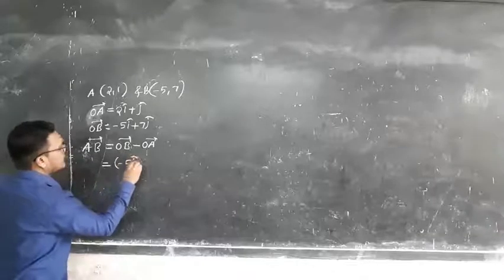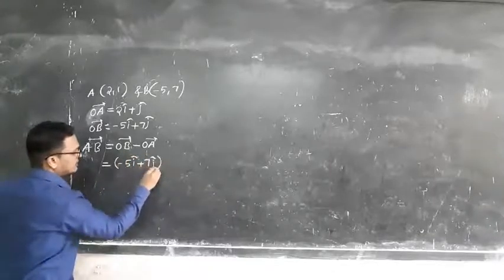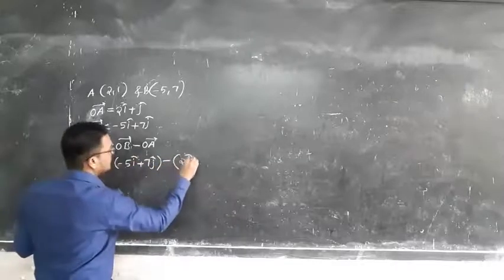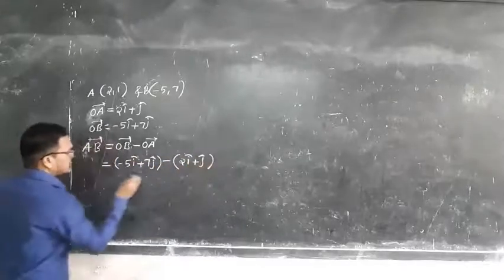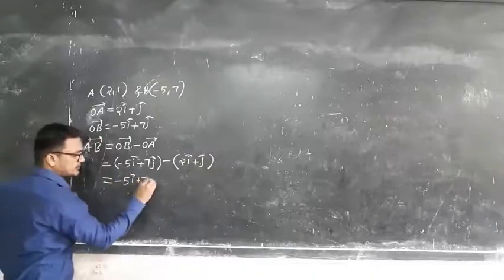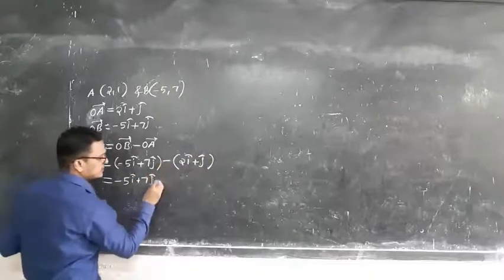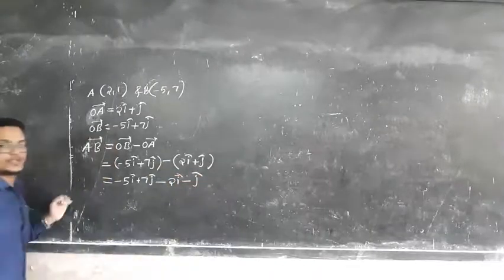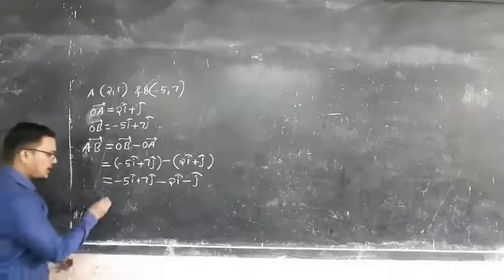Minus 5i plus 7j, minus vector OA, that is 2i plus j. Just remove the bracket: minus 5i plus 7j, take the minus inside the bracket, minus 2i minus j.